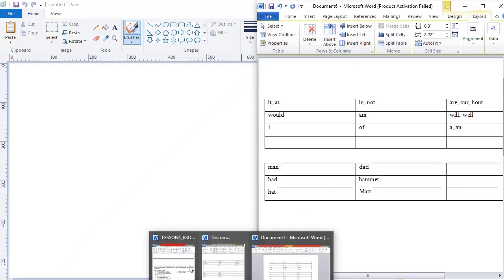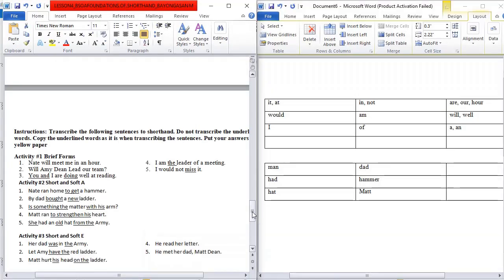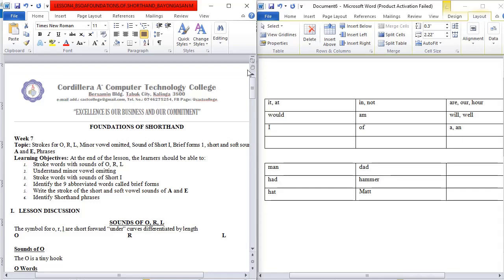Ano yung magiging unang lesson natin sa module na to? Sabi dyan sa inyong module, our lesson or topic for this lesson is all about the strokes of letters O, R, and L. And then, minor vowel omitted, or the omitting of minor vowels. Na-explain ko na rin yan last time. The sound of short I, words with sound of short I, words that are brief form.